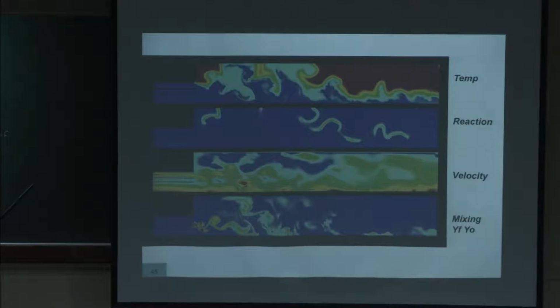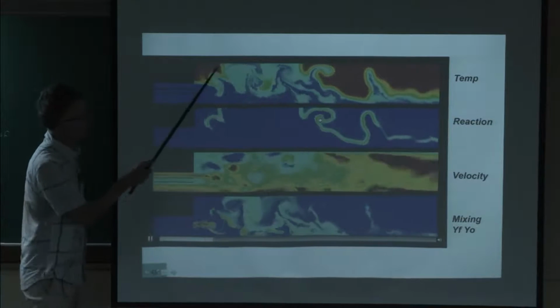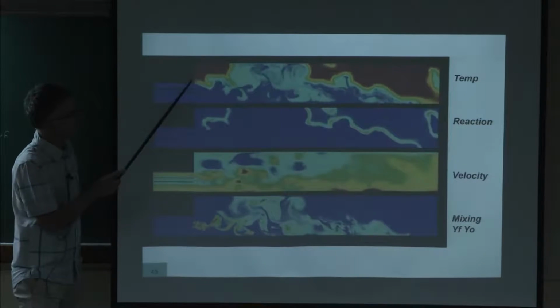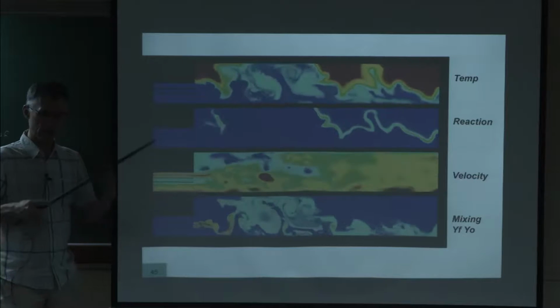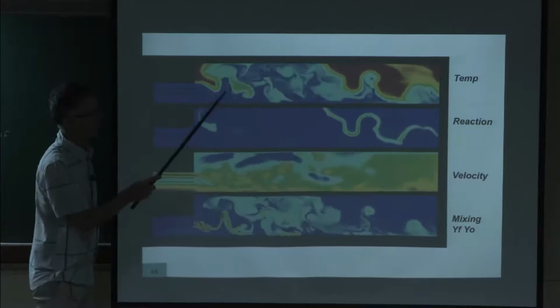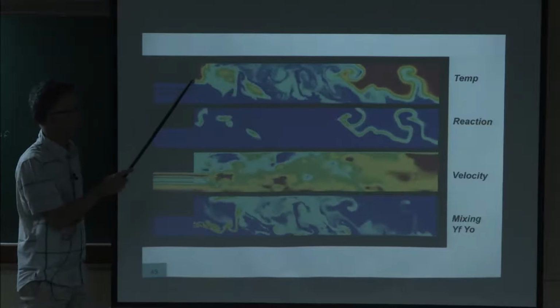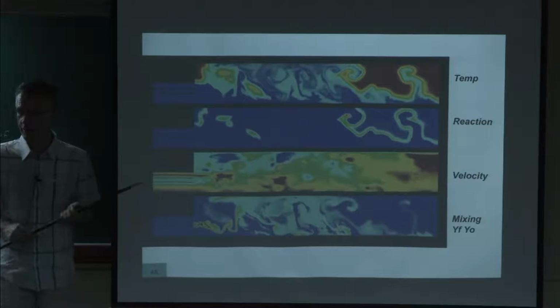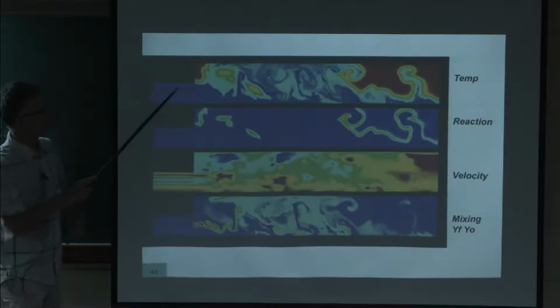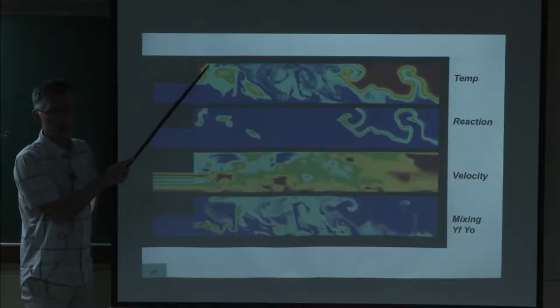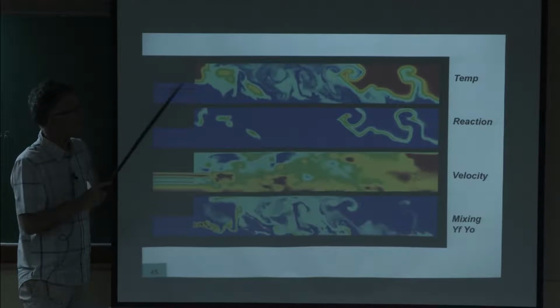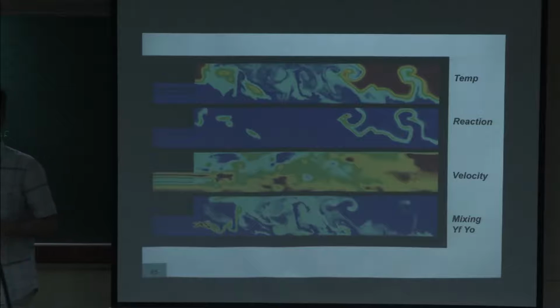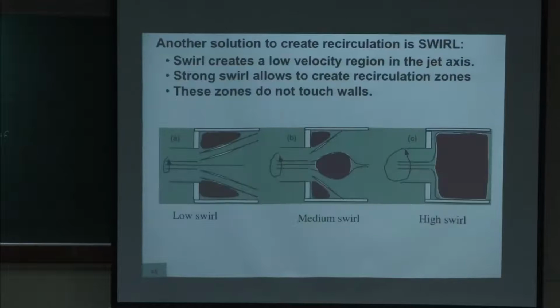So for example here, you have a flame which is stabilized by this zone here, this is temperature, and this zone acts as a continuous ignition source for the gases which are injected. If you would not have this, you would not be able to stabilize the flame. The problem of systems like this is that the zone here is pretty hot, and you have to cool the walls, and so people have been looking for a better way to stabilize flames. So swirl is actually one way to do that.